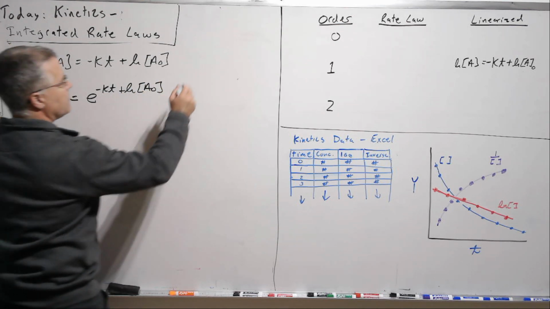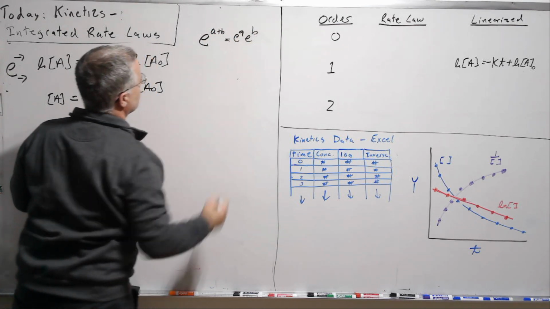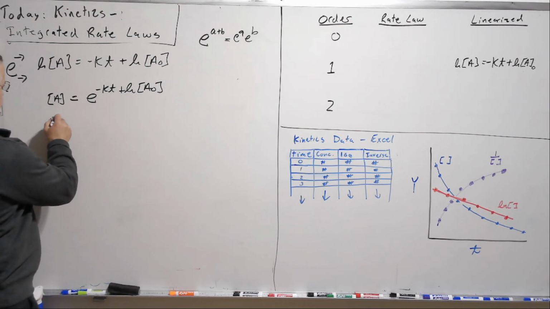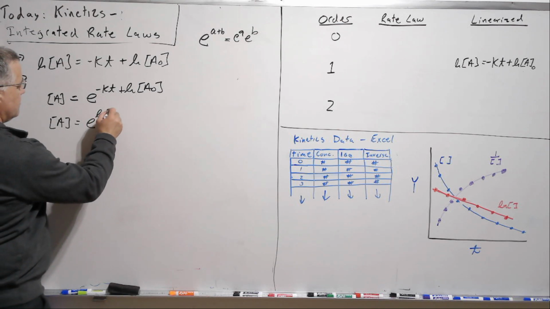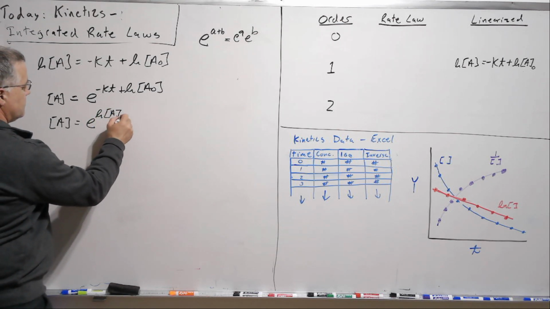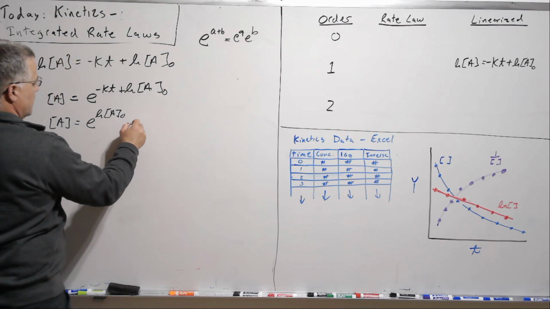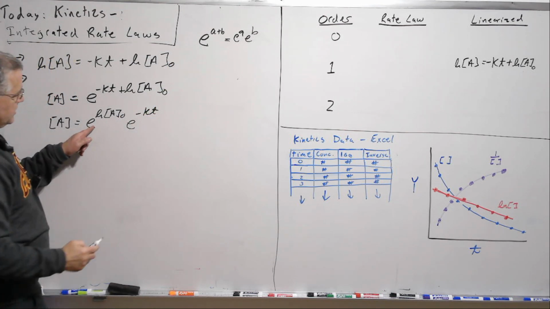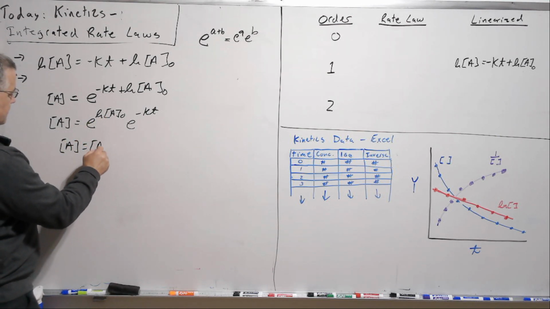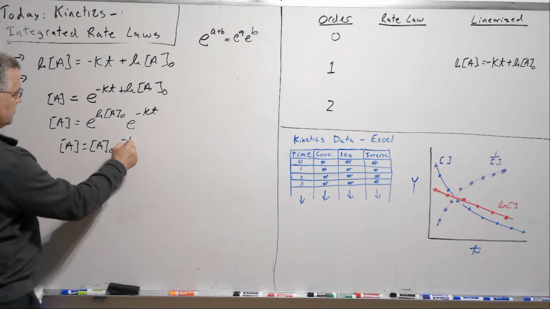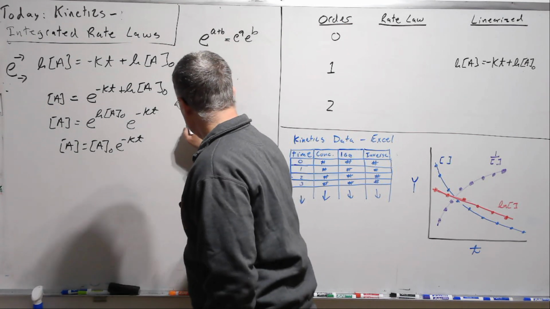And now we're going to use property of exponents to write this as a product. And I'm going to switch the order here. I should put the A naught on this side. Well, this is just E to the log, so we have that. And so let's plot this.